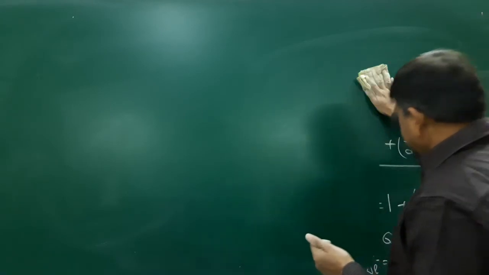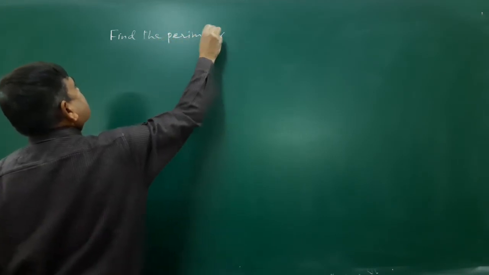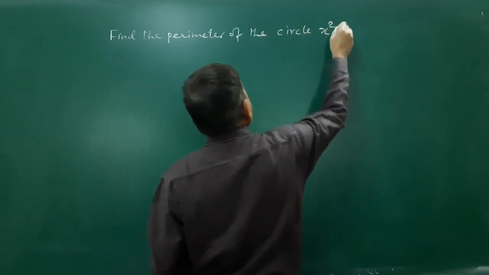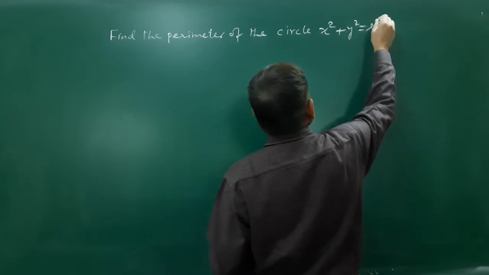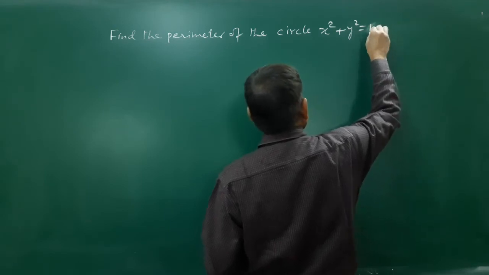Now, what is the application of this? Find the perimeter of the circle x square plus y square equals to, suppose I write 1 for example.